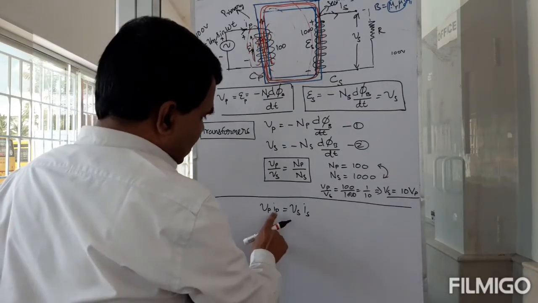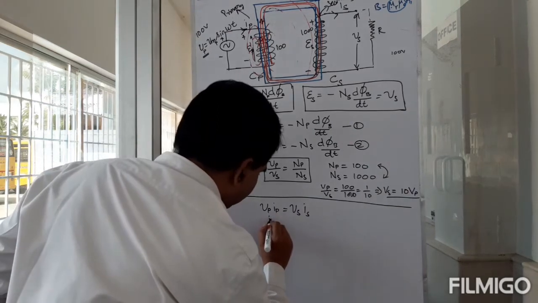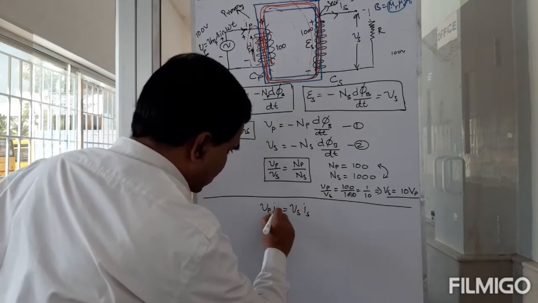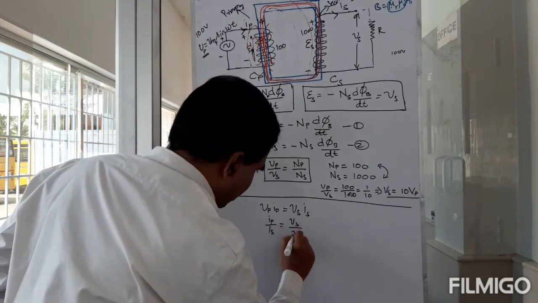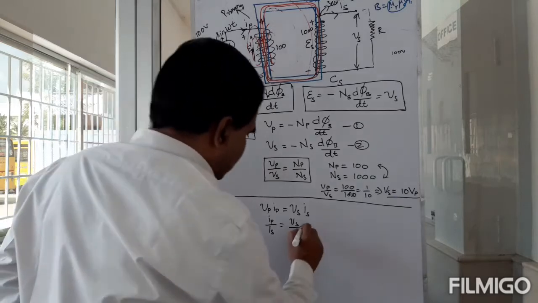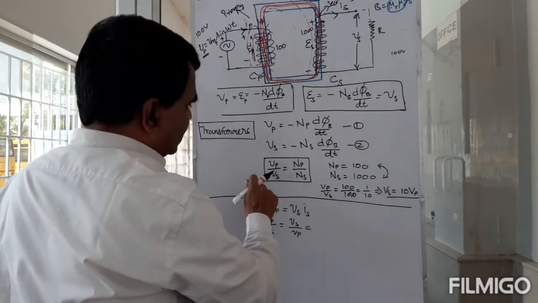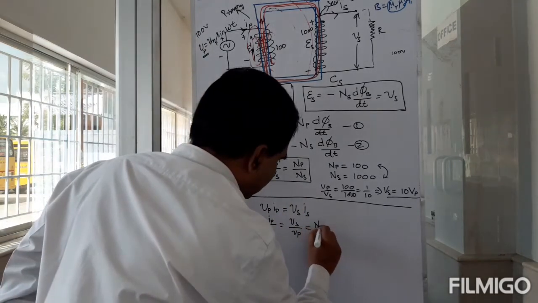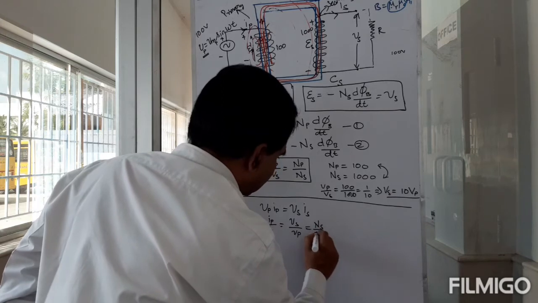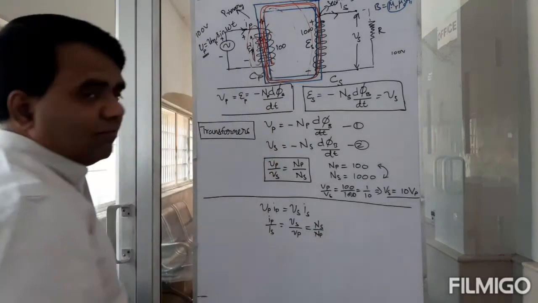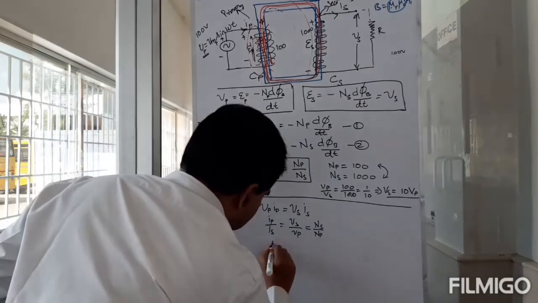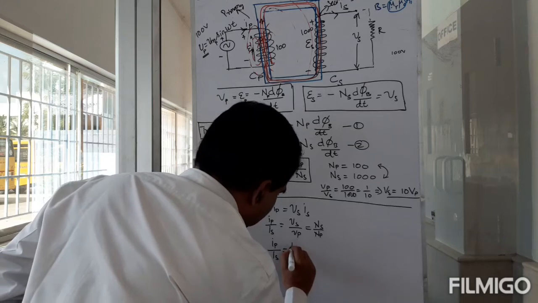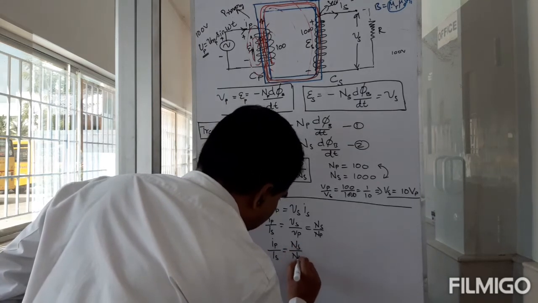Now, what is my Ip by Is? Ip by Is is equal to Vs by Vp. And what is Vs by Vp? Vp by Vs is Np by Ns, so Vs by Vp must be Ns by Np. So Ip by Is is equal to Ns by Np.